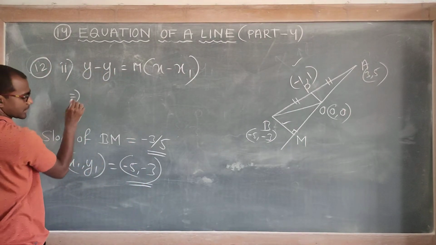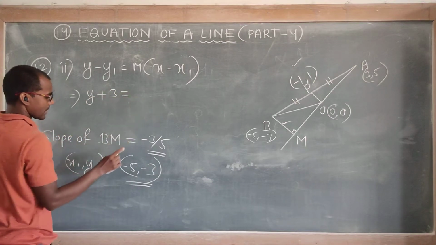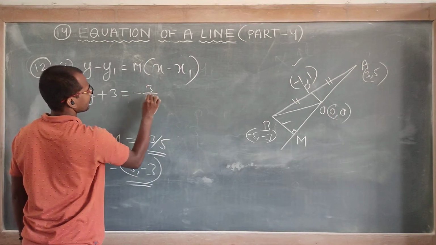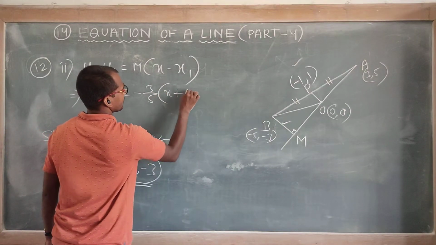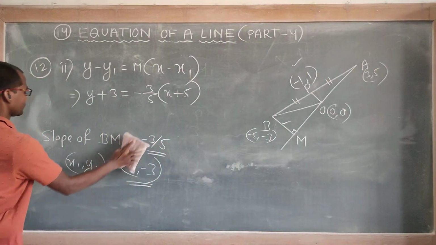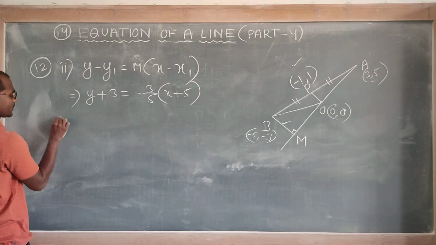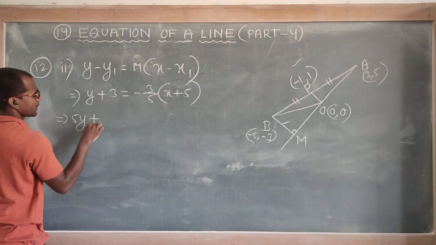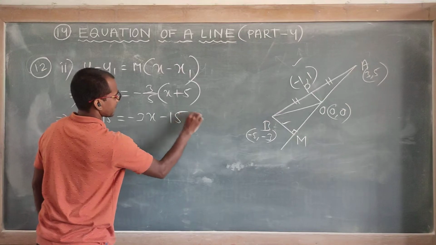Y minus y1 means y minus -3, which is y plus 3. M is -3 by 5. X minus x1 means x minus -5, which is x plus 5. Bring 5 to the left: 5y plus 15 is equal to minus 3x minus 15.